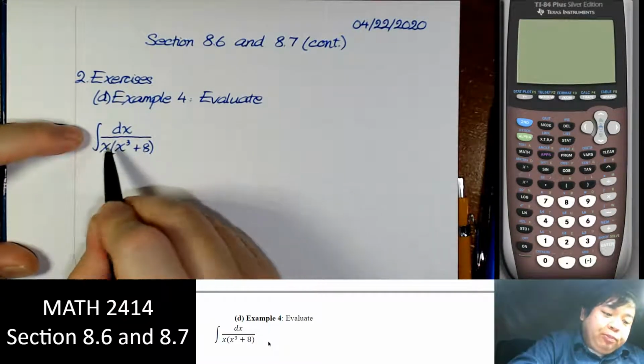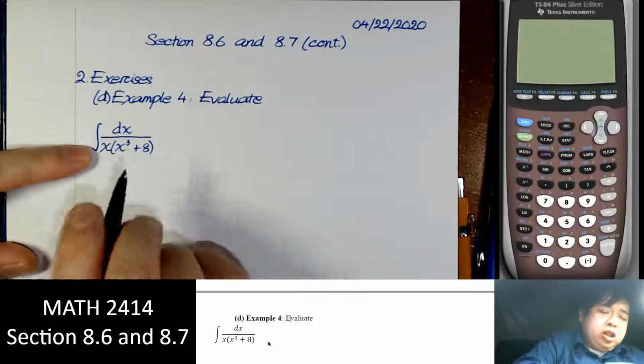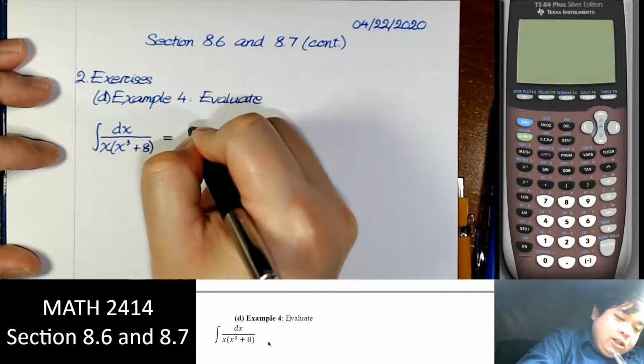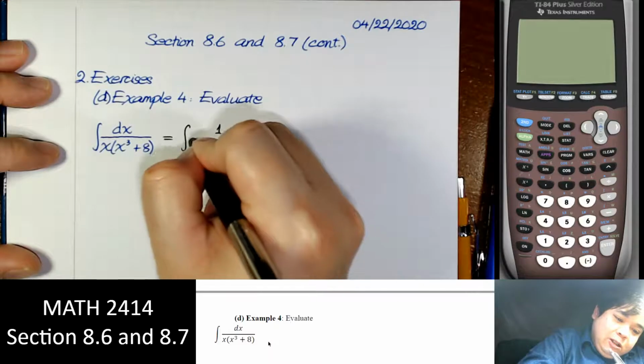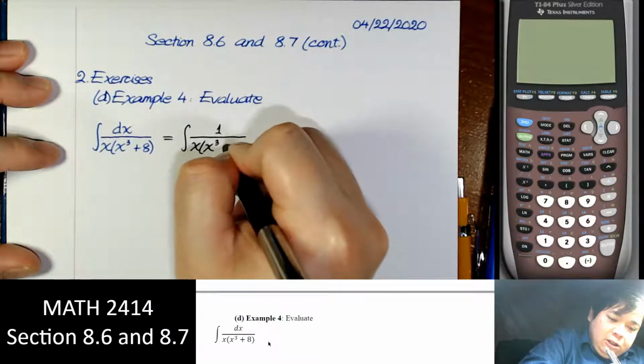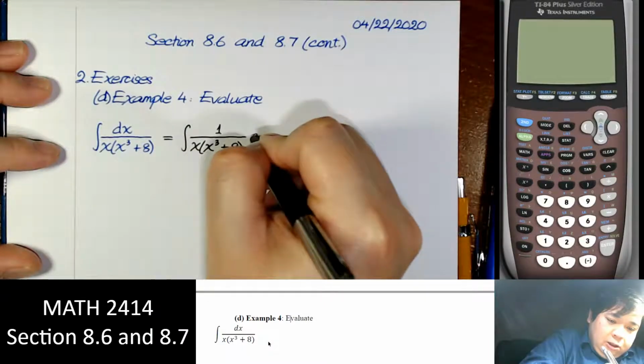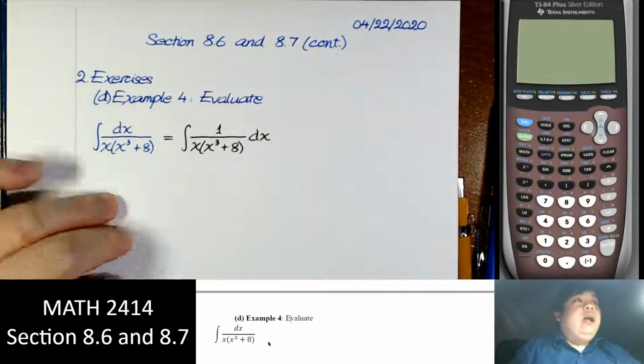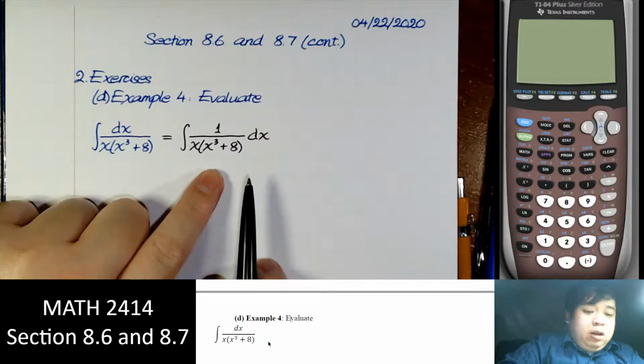For this problem, first thing, I usually just move the dx to the back. And if it is in this form, we try to do partial fraction.